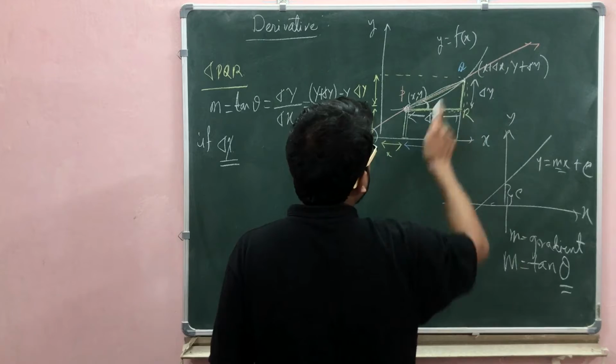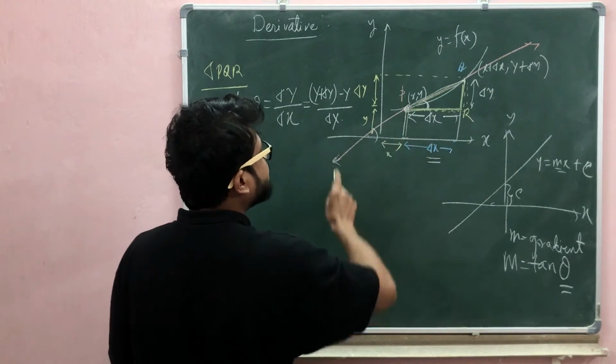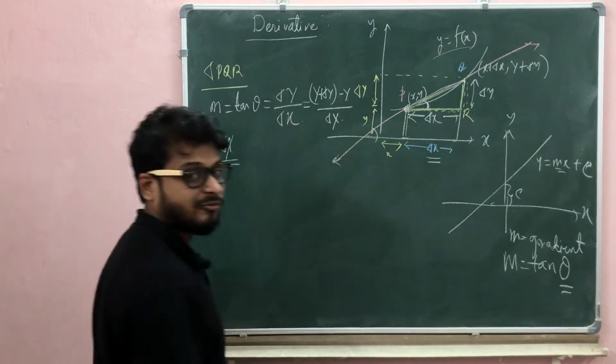This pink color line is the tangent line at point P on the curve y equal to f(x).